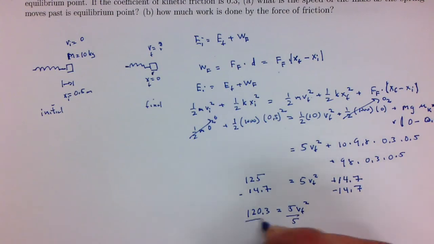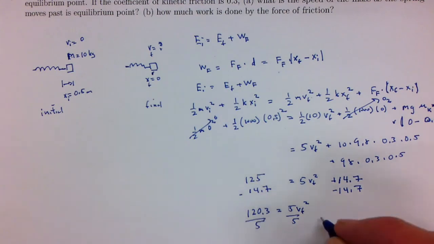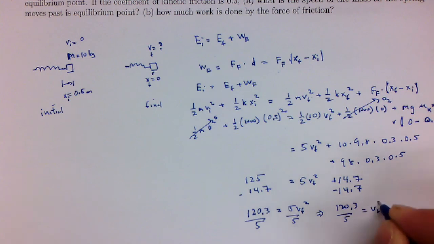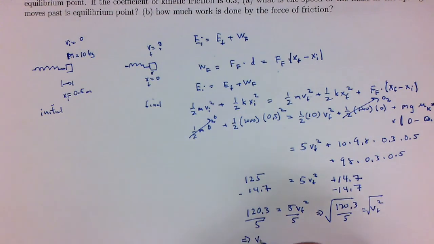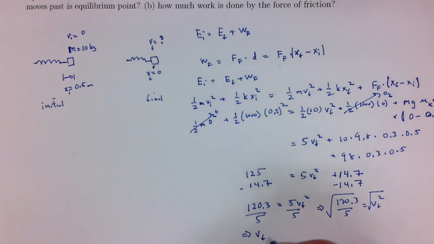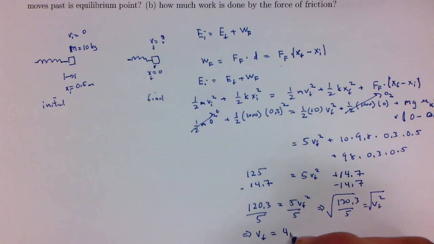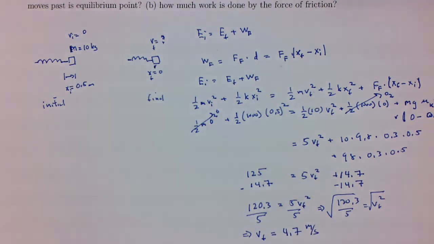Divide by 5 on both sides, so 120.3 divided by 5 equals v_f squared. Take the square root on both sides, and what this gives you is that v_f is about 4.7 meters per second. It's actually 4.69.